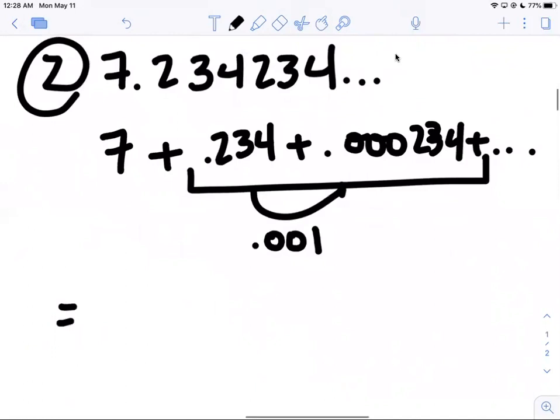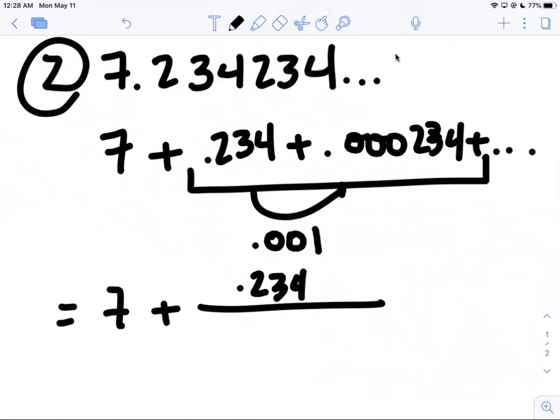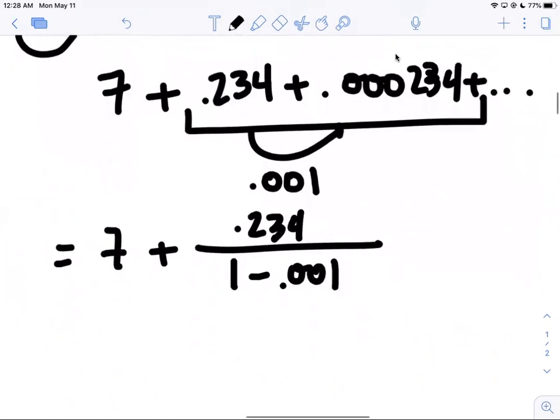I'm going to use the 7 separately, and then my sum of my geometric series is going to be a sub 1, 0.234, over 1 minus my r, 0.001, on the bottom. The 7 is just being added to it because this is all one big number, but it's not part of the repeating, so I don't get to include it on top in that fraction.